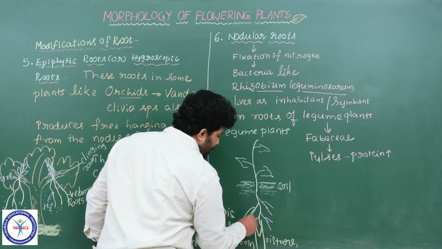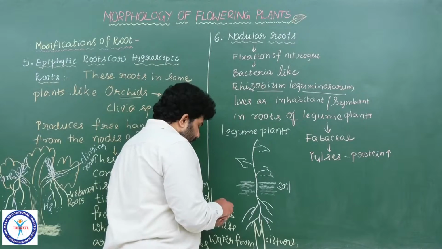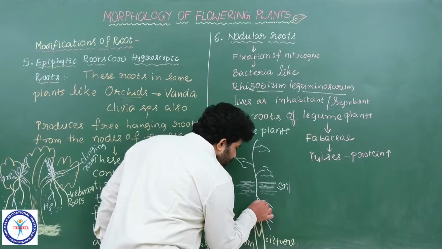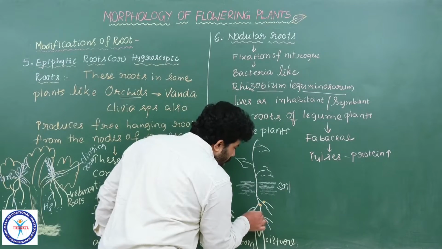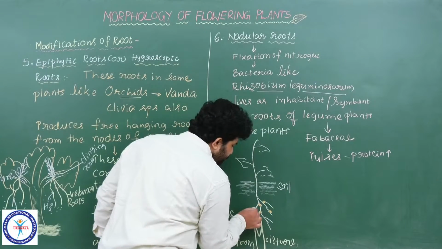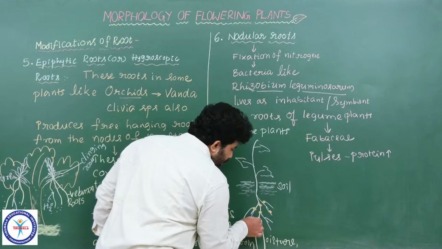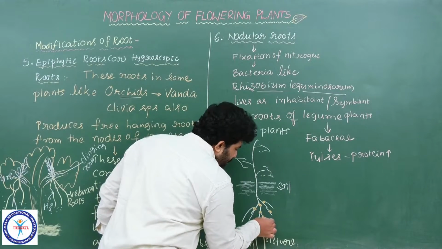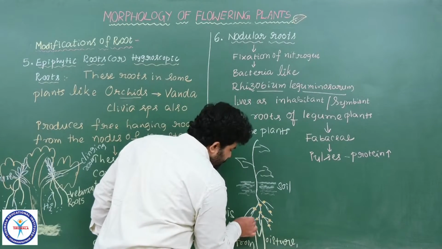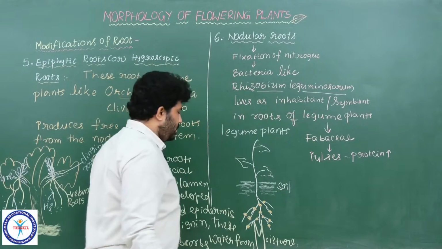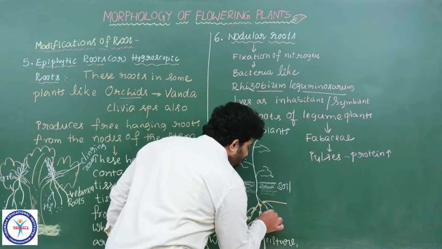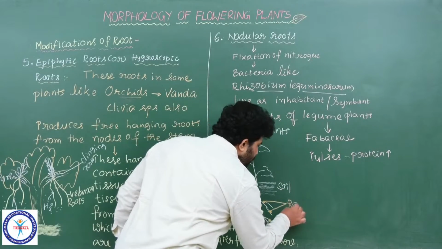In these roots, we observe some nodular structures. See, all these are nodular structures, some balloon-like structures. These nodule-like structures are called root nodules.